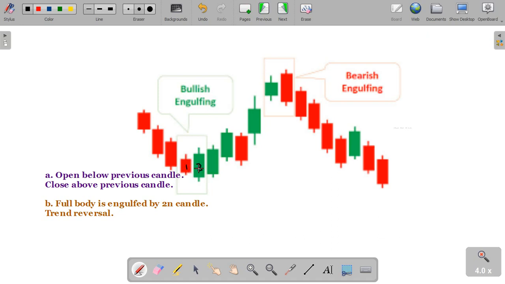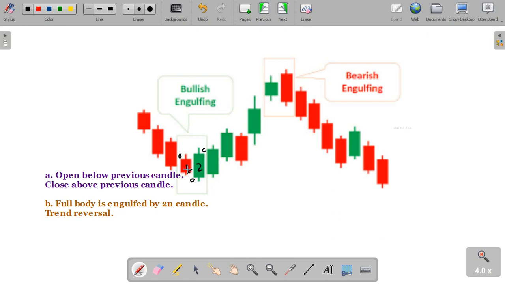Now if you see what has happened, this is a gap down opening. Here you can see this is the opening and this is the closing. So the candle has opened below the first candle and closed above it, and these are the wicks.